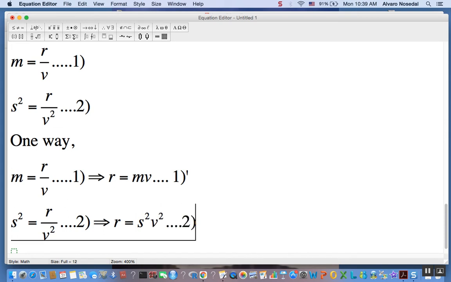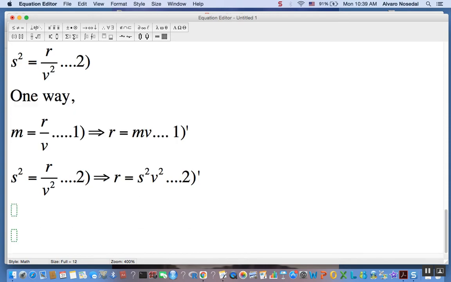That would be 2 prime. Now, since by 1 prime R equals M times V, and by 2 prime R equals S squared times V squared, that implies that MV must be equal to S squared V squared, right? From 1 prime and 2 prime.